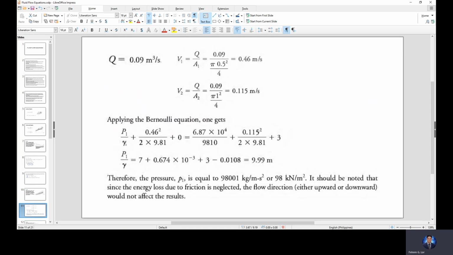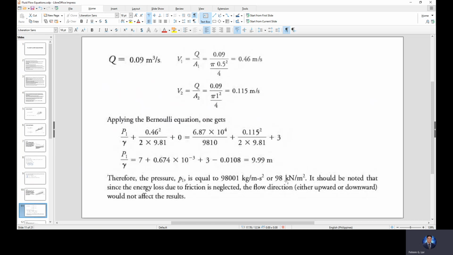We know that gamma is 9.8 kilonewton per cubic meter. So the only unknown in the equation is the pressure. The pressure head is 9.99 meters. Because this is a head, pressure over gamma, it's 9.99 meters. For the pressure, we multiply 9.99 by 9.8 kilonewton per cubic meter.